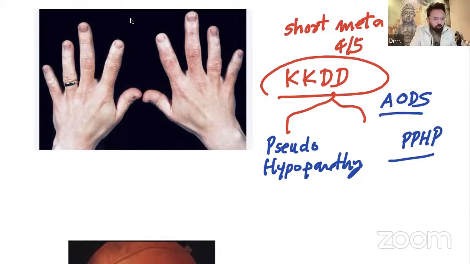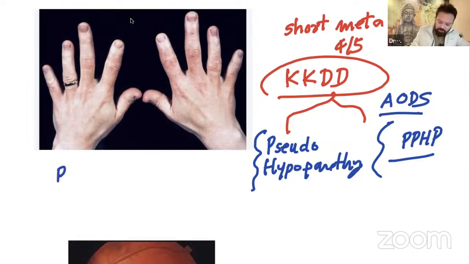Albright osteodystrophy syndrome. So if there is a short fourth and fifth metacarpal, yes, very good. You are absolutely correct, Dr. Jaydev. So pseudohypoparathyroidism and pseudopseudohypoparathyroidism are both manifestations of Albright osteodystrophy syndrome. And you know, in pseudohypoparathyroidism, there is resistance to parathormone.